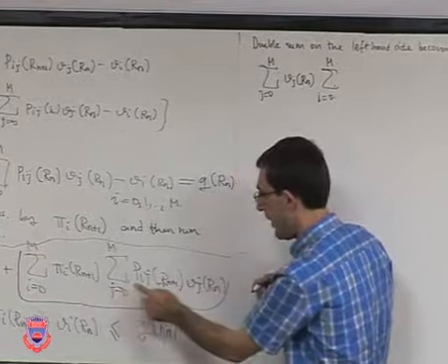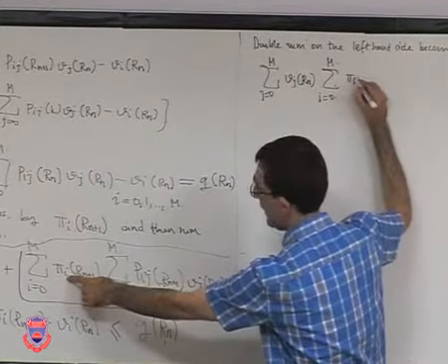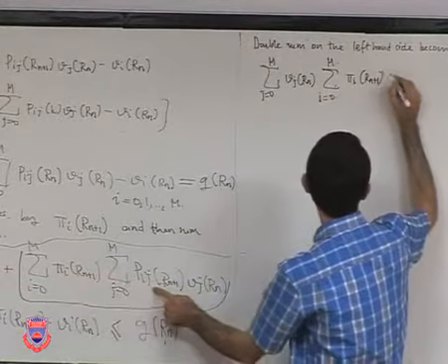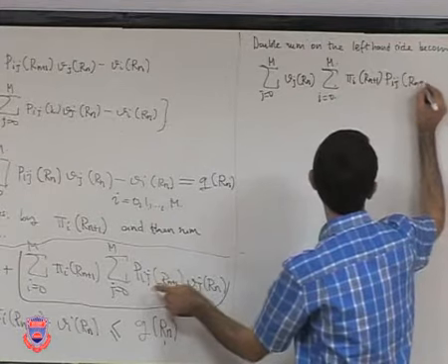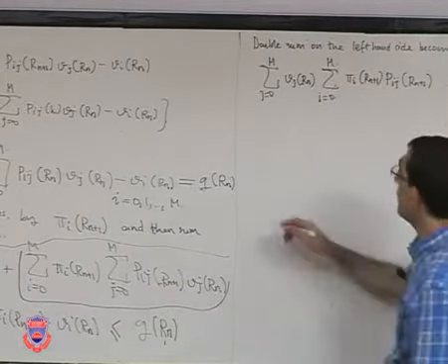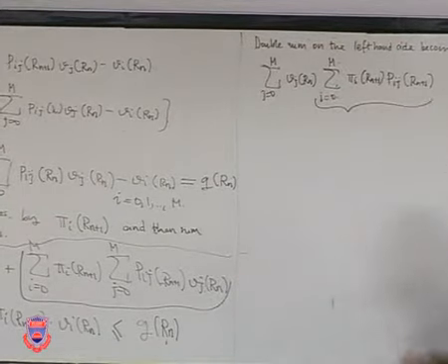What is left? This depends on I, so it should remain inside the second sum, multiplied with Pij under policy Rn plus 1, right? Okay, I'm looking at this one. And what do you think this gives you?